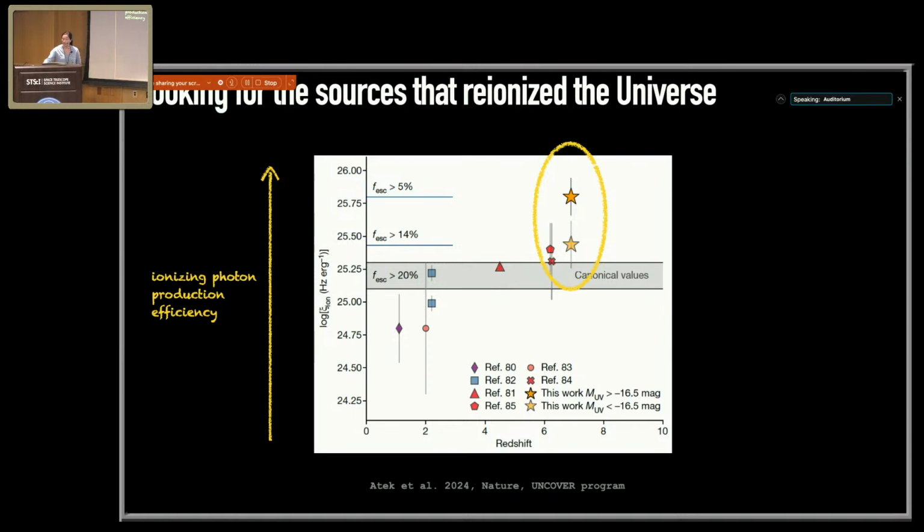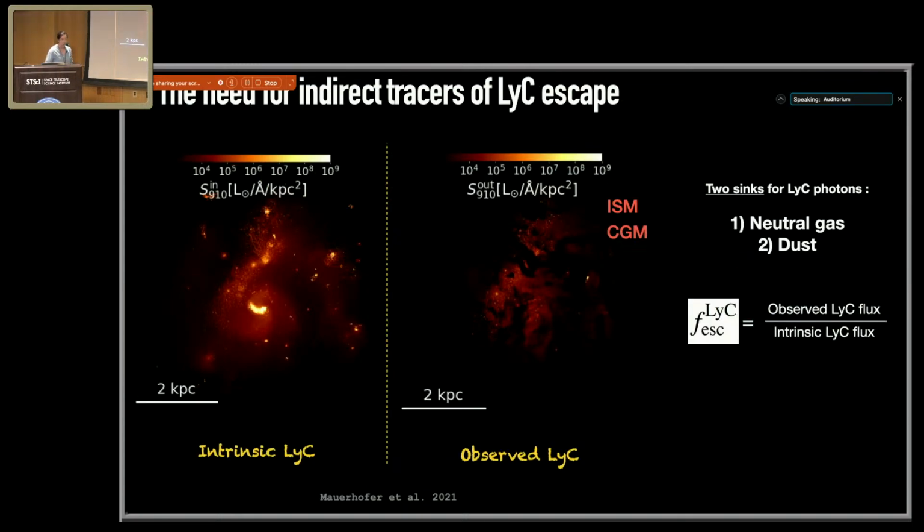But the important point here for cosmic reionization is how much of the Lyman continuum radiation actually escapes those galaxies. Lyman continuum photons can be absorbed by neutral gas and dust. This is illustrated by simulation work by Maji et al. 2021, which compares the intrinsic Lyman continuum map on the left and the actually observed Lyman continuum map.